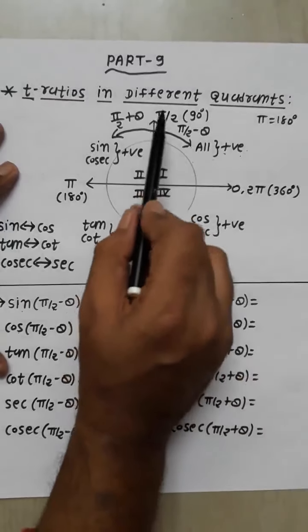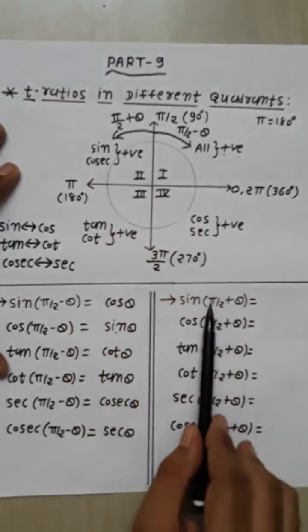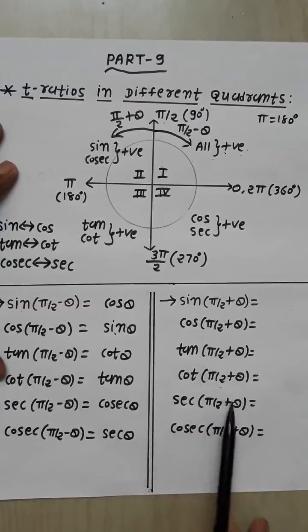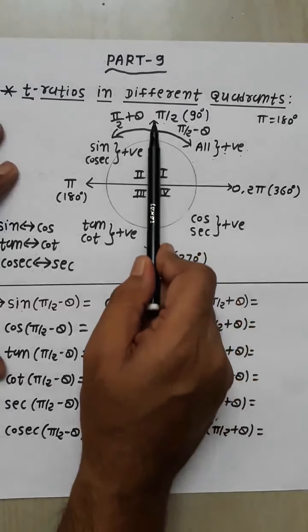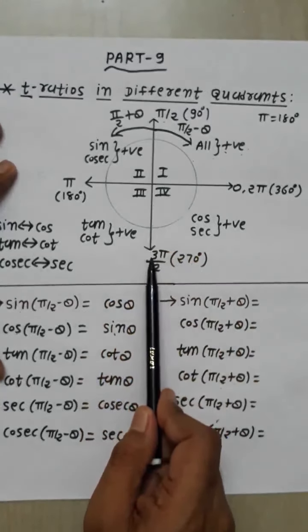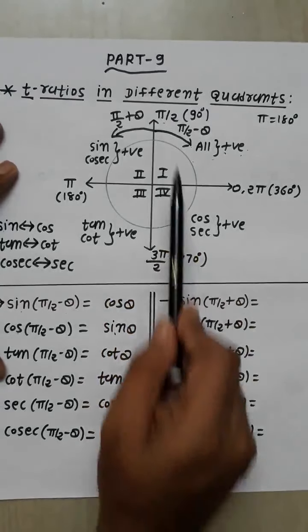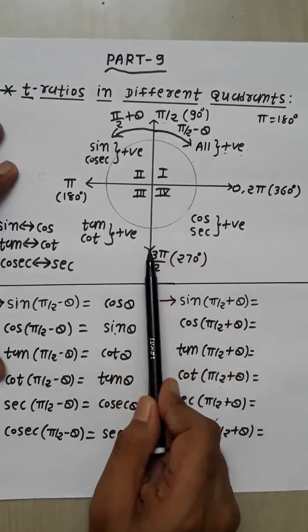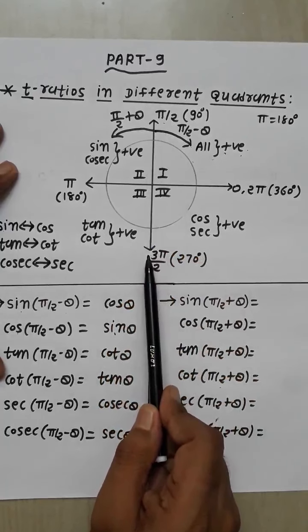Now this value has π/2 present, and remember this value is present on the y-axis. π/2 is present on the y-axis, so that's why we change the position of the function.